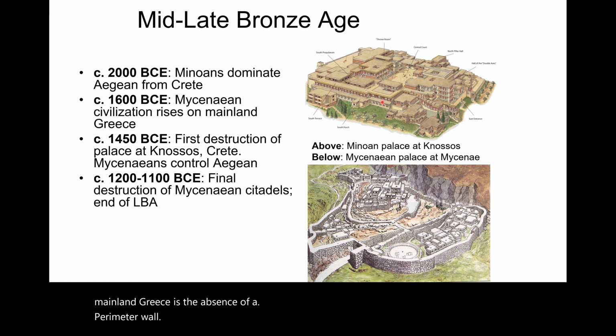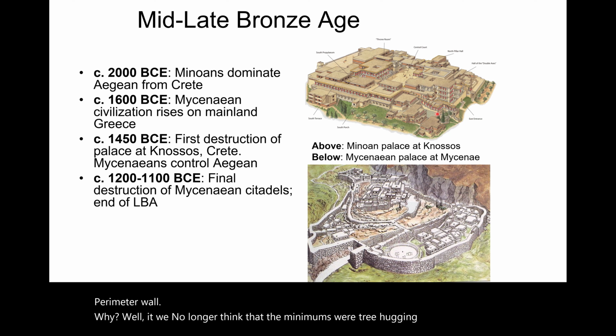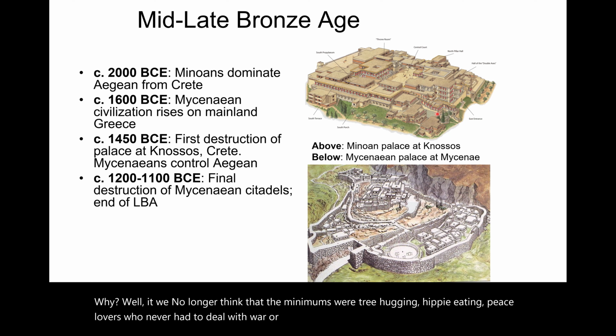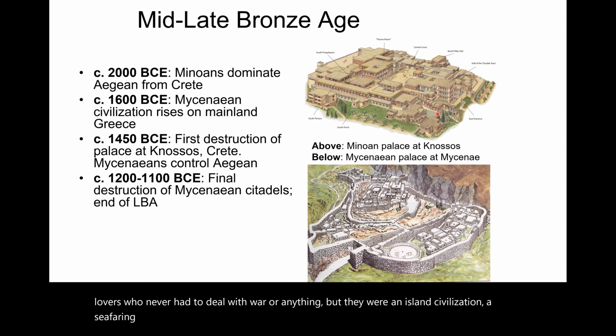Why? Well, we no longer think that the Minoans were tree-hugging hippie Eden peace lovers who never had to deal with war or anything, but they were an island civilization, a seafaring civilization. Their walls were the seas and their ships that patrolled the seas.